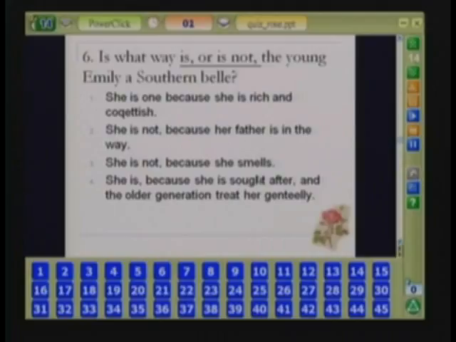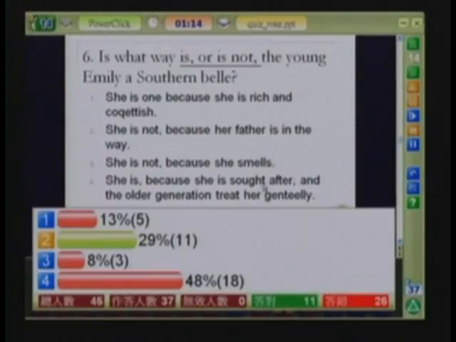Okay, the next question. She is not really sought after because all the young men were rejected by her father. She's pretty much isolated. She should have been sought after, and the older generation at her funeral imagines that they treat her genteelly, but they really didn't have a chance when Emily's father was around.